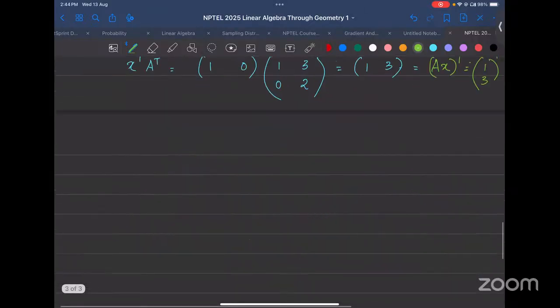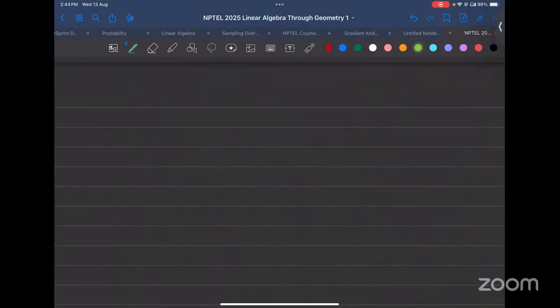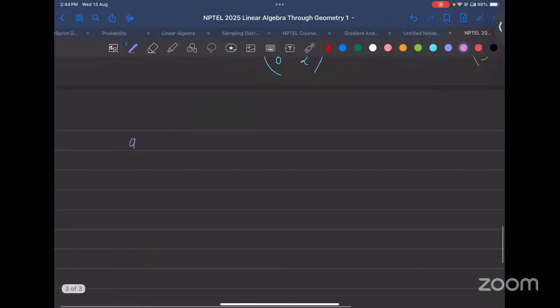Suppose I want to find the solution for a system of equations with two unknowns. I take a simple case: a11 x1 plus a12 x2 is equal to b1, and a21 x1 plus a22 x2 is equal to b2.